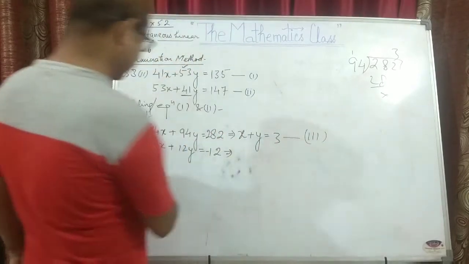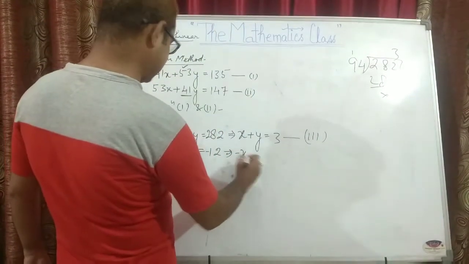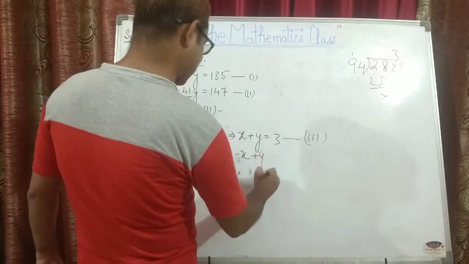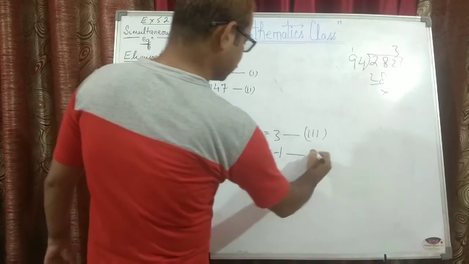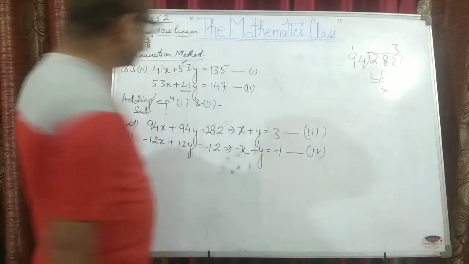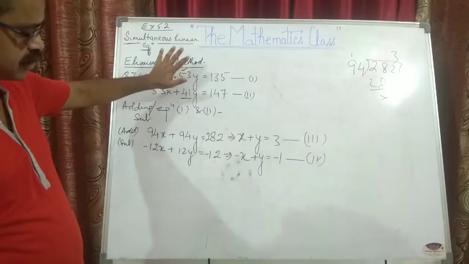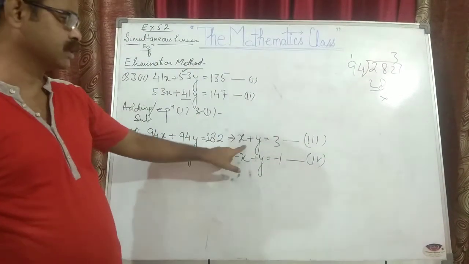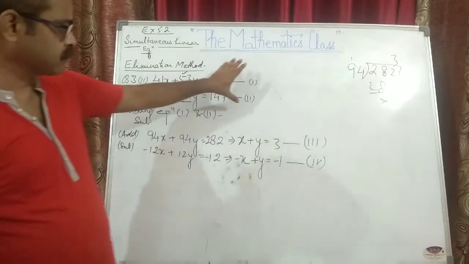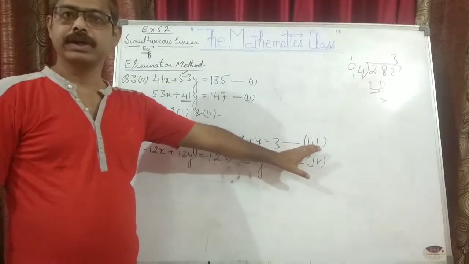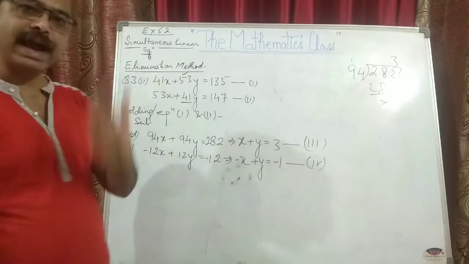And when you divide by 12, you will get minus x plus y is equal to minus 1. This is equation number 4. Now this huge equation has been converted into a very simple equation. Equations 1 and 2 have been converted to equations 3 and 4 by adding and subtracting.